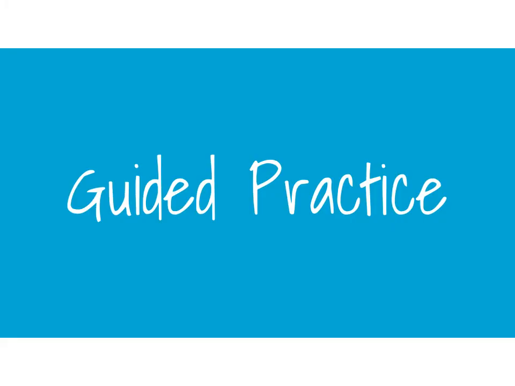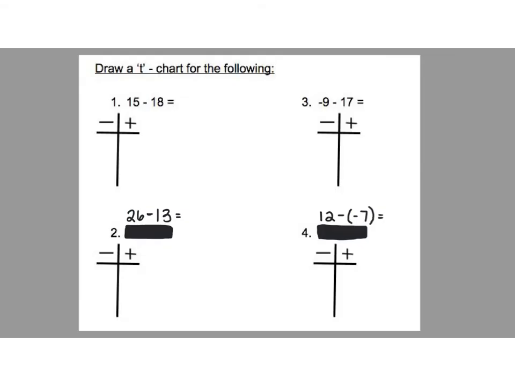Now let's go over some guided practice problems together. In guided practice problem number 1, I see 15 minus 18. The 15 is positive, so I'm going to place it in my positive column. And the 18 is negative, so I will place it in the negative column because we are subtracting 18. So I notice that the 15 is smaller than the 18.